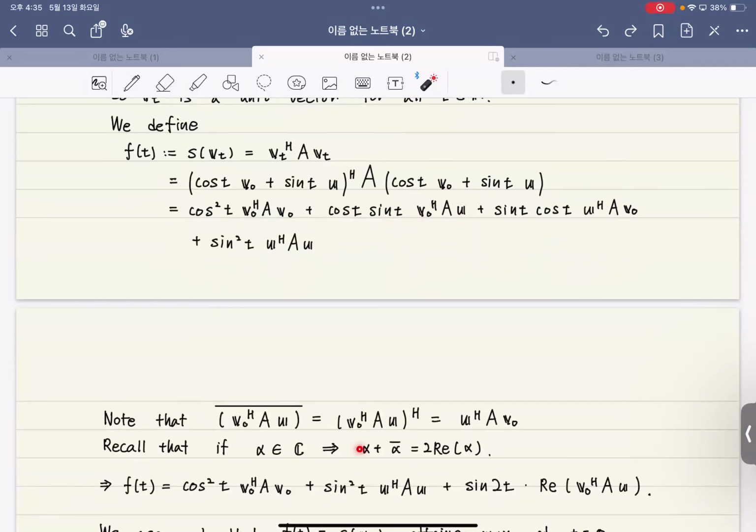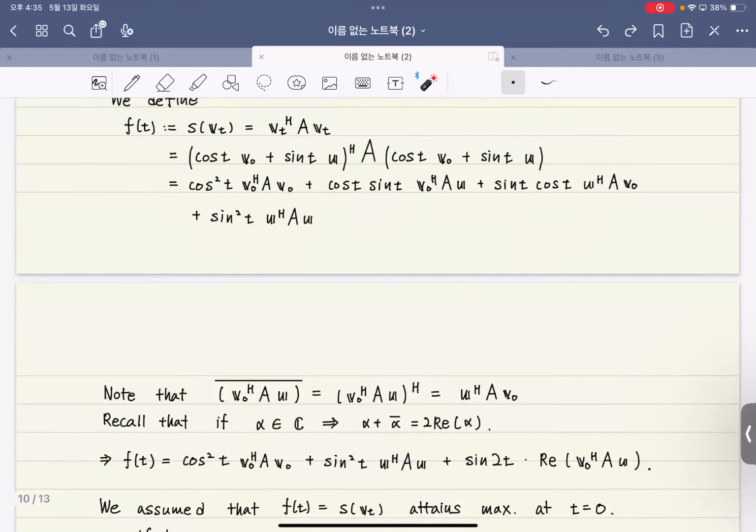And if you add a complex number to its own complex conjugate, that is going to be 2 times the real part of the original number. So this is sine 2t times the real part of this guy.